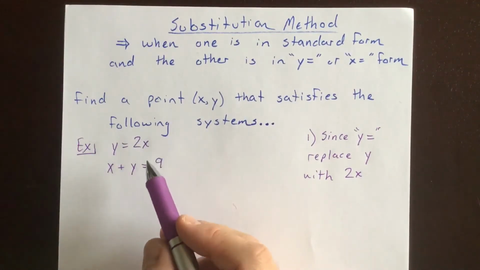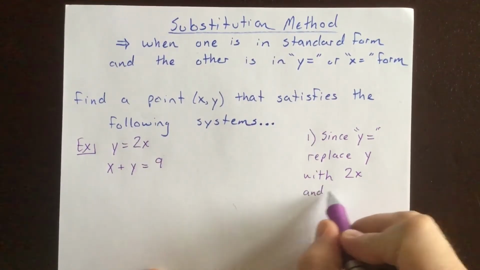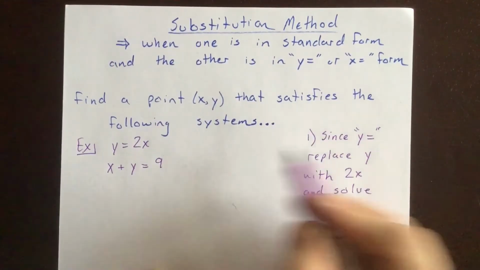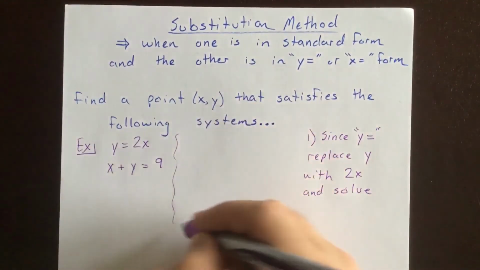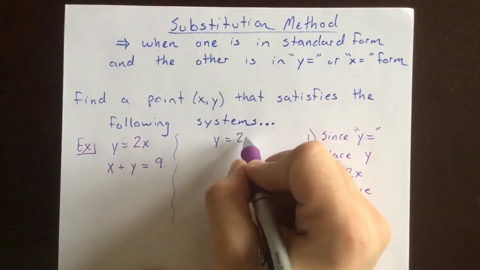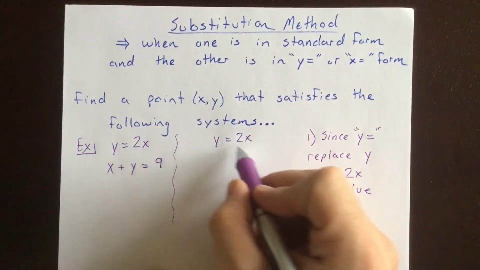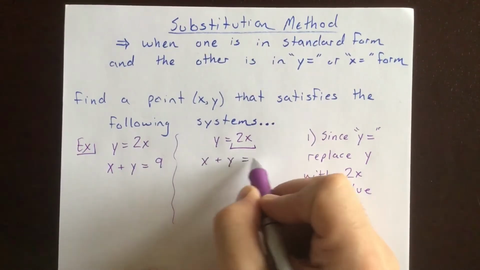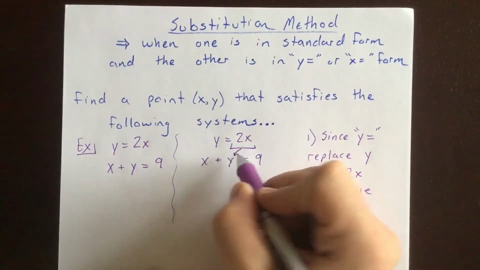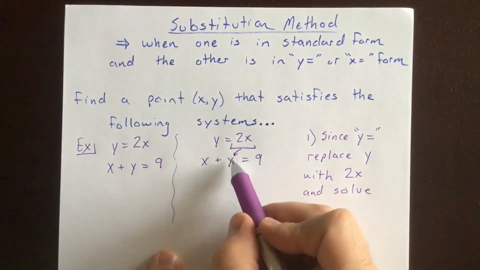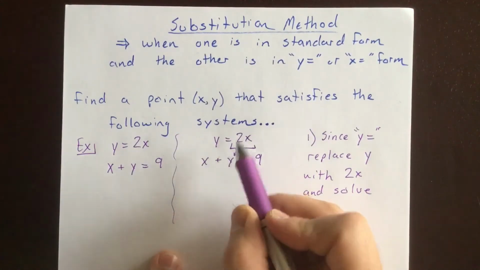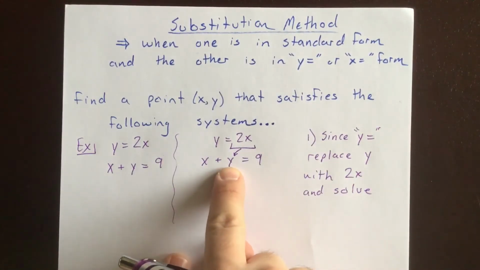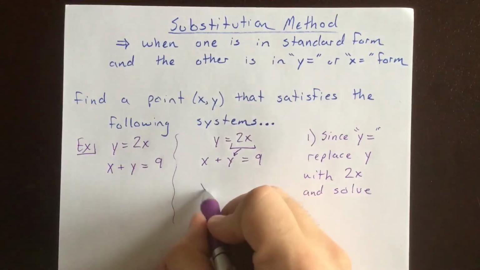And then we want to solve. So what this looks like: we have y = 2x. I notice that this is y, so I'm going to place this into this position. I'm replacing y, and instead of writing y, I'm going to write 2x.